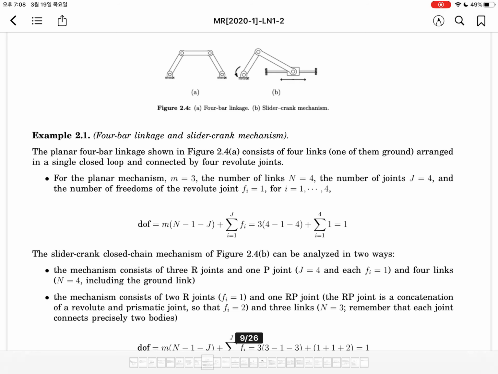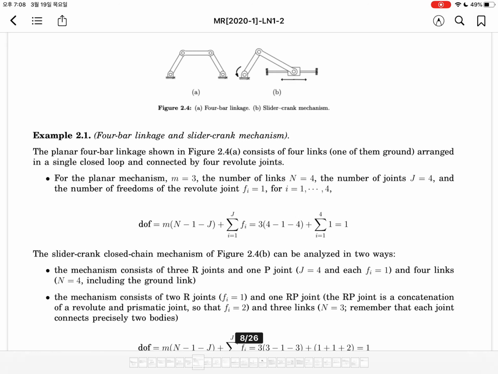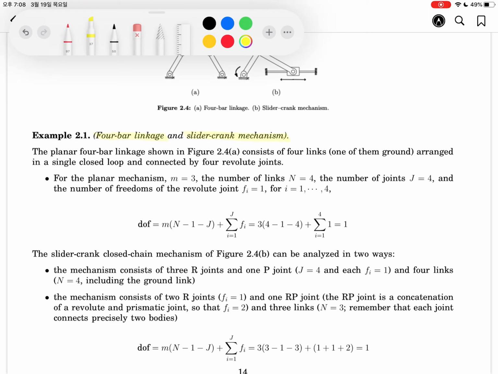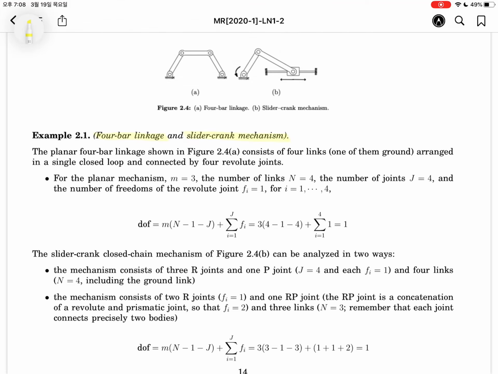We will take several examples. The first example is about the Peaucellier linkage, and the second one is the slider crank mechanism. Let me apply the Grubler formula. Let's count.